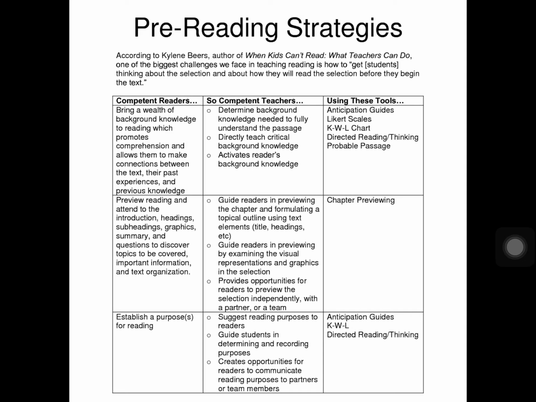Well, in this chart, we can see that we have three columns. One is the competent readers, then we have the competent teachers, and the tools that we can use for doing certain activities. Competent readers try to activate prior knowledge. So, what is prior knowledge?